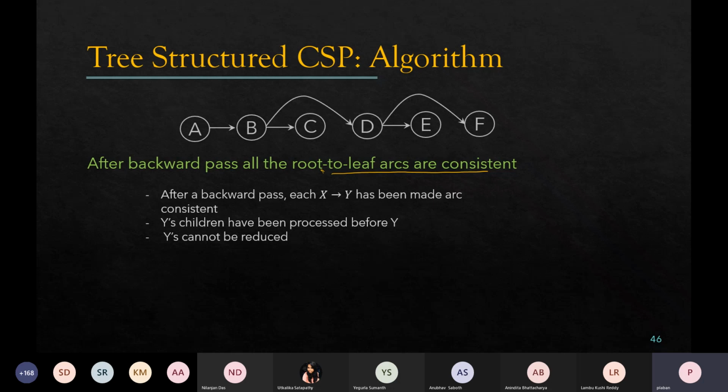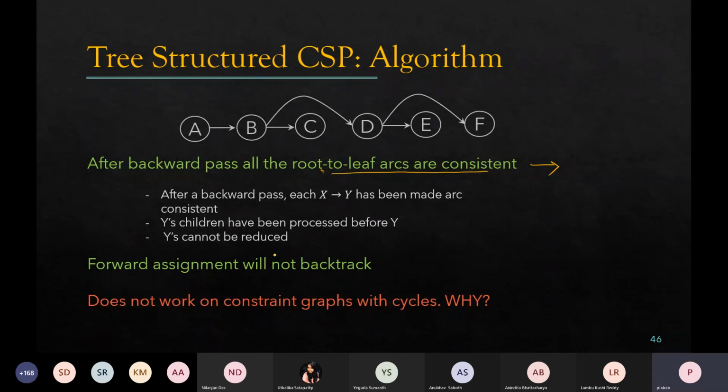The proof for this I have discussed in the video, so you can have a look at it. Again, if we have all arcs consistent, the forward assignment will not involve any backtrack, right? But again, life is not that simple.